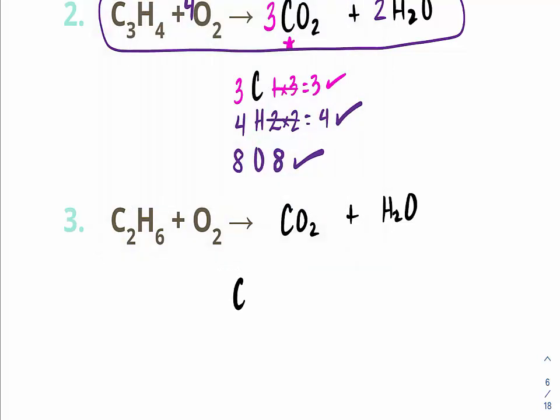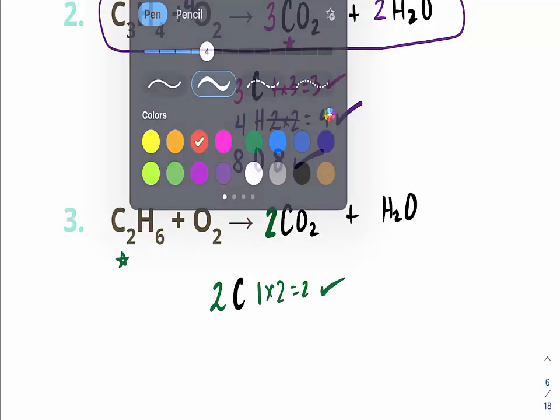Carbon has 2 to begin, but only 1 to end. So what do I need to put in front of this CO2 to make it 2 carbons like on the other side? I need to put a 2 in the front. Okay. Now that was times 2 equals 2. Carbon checks out.